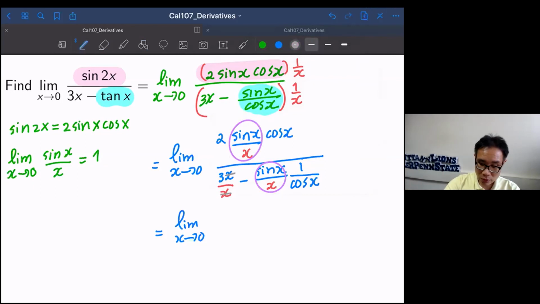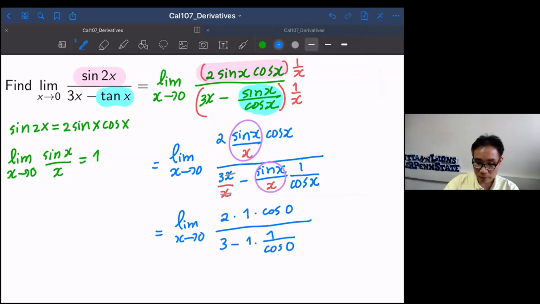So it's going to be 2 times 1 times cos 0 over 3 minus 1 times 1 over cos 0.